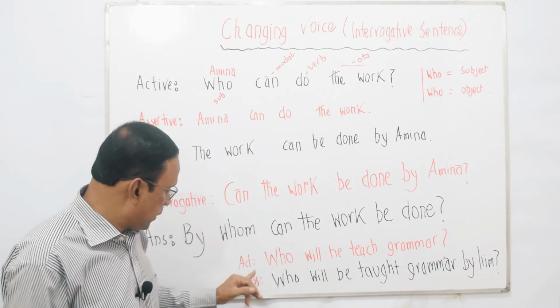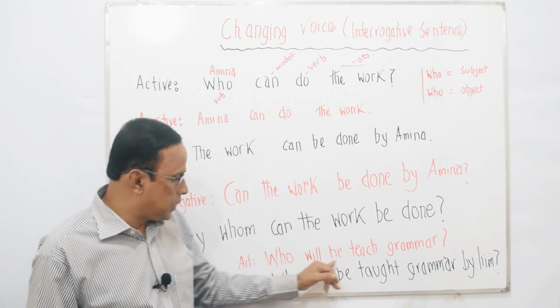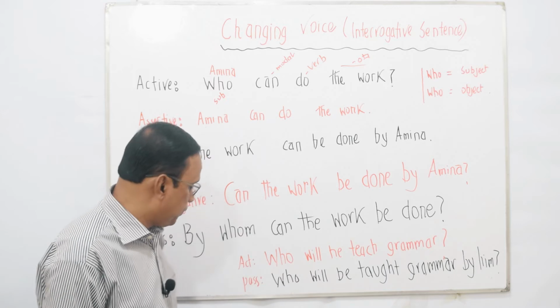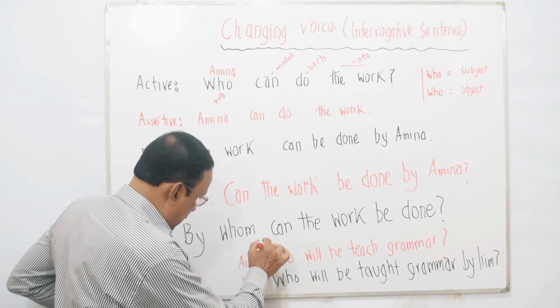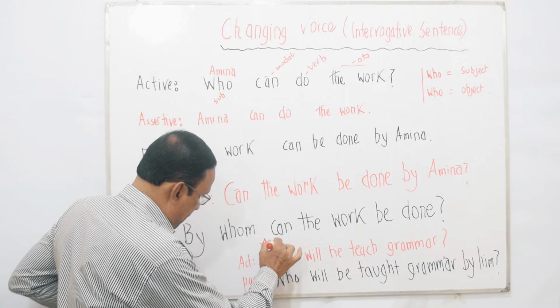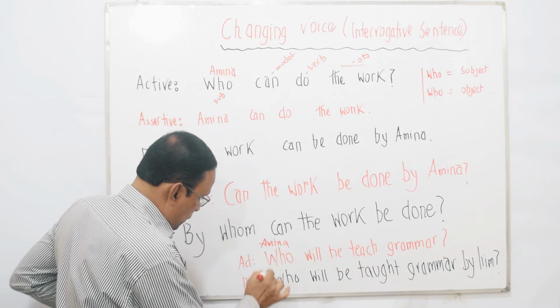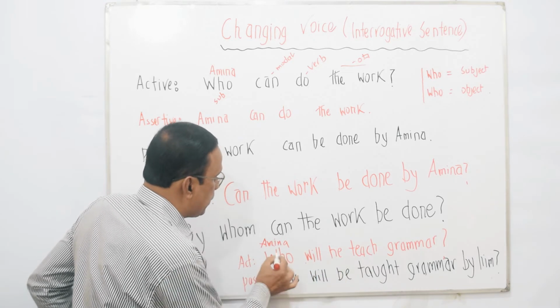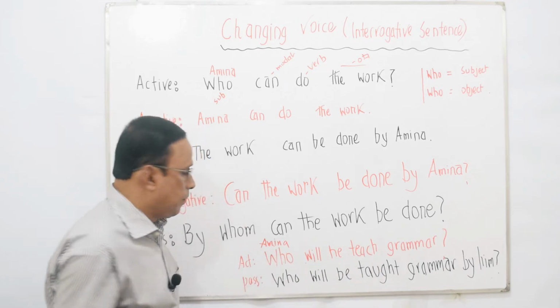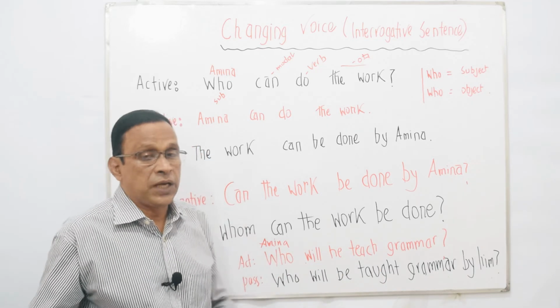Look at the sentence here. Who will he teach grammar? So if you place the word Amina here again and just carry on reading like this, Amina will he teach. It cannot make any sense.